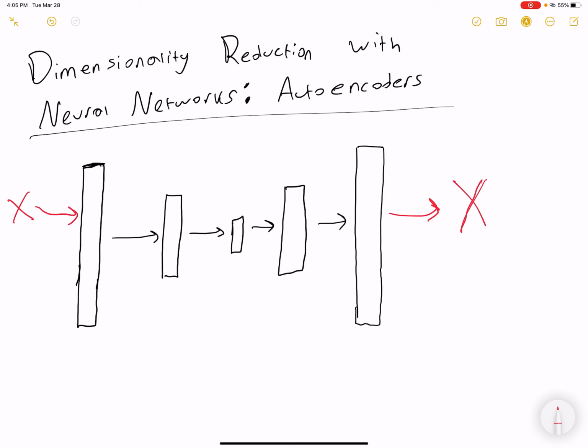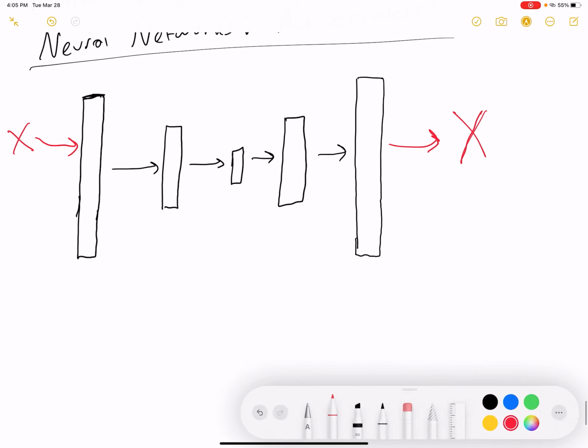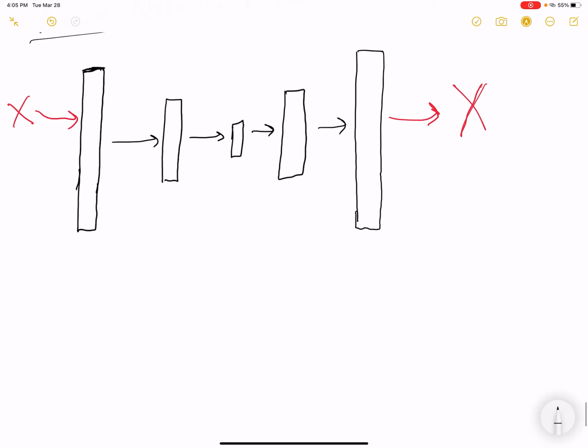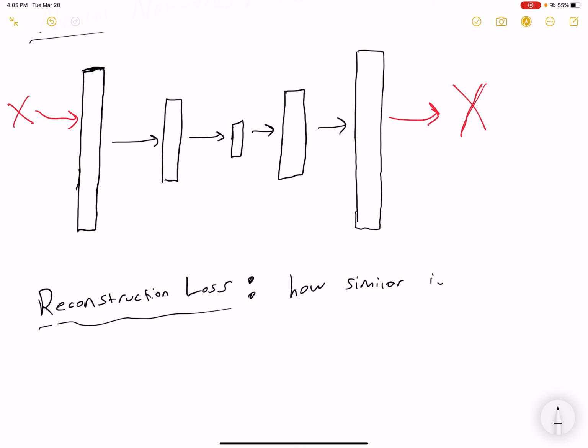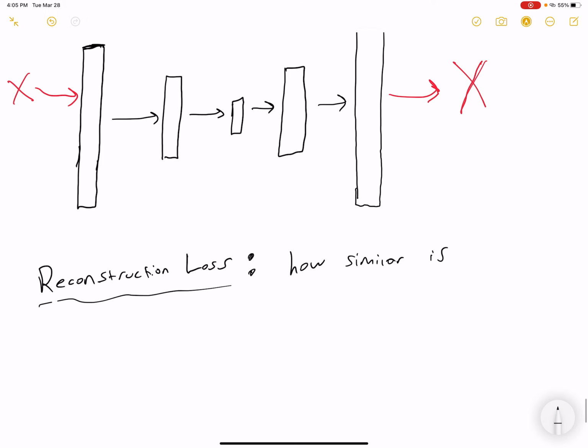But if you train this model to do something called reconstruction loss, a new type of loss function, which is exactly what it sounds like, just how similar the output is to X train.